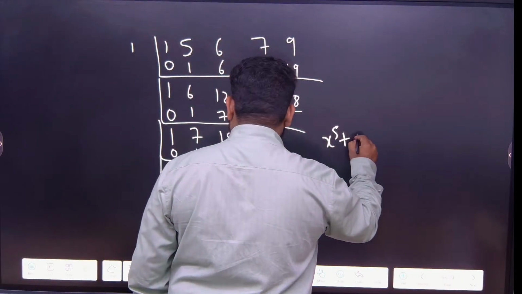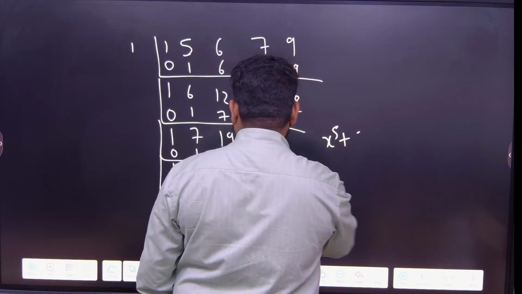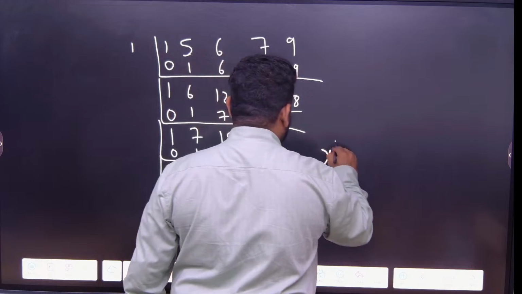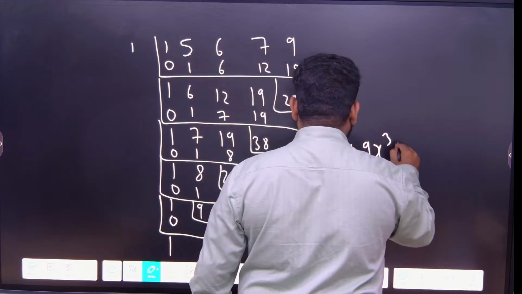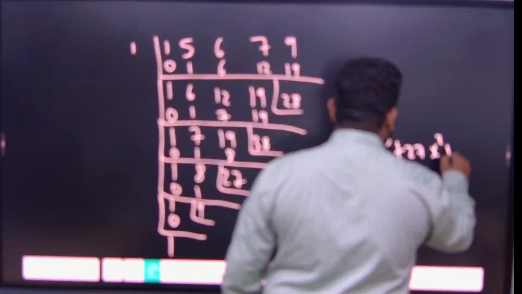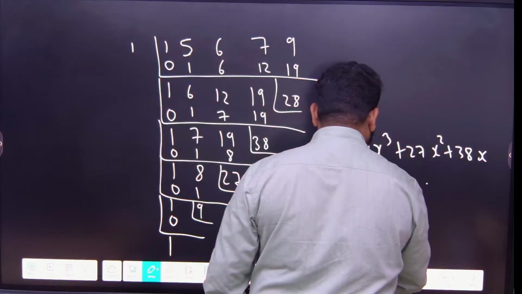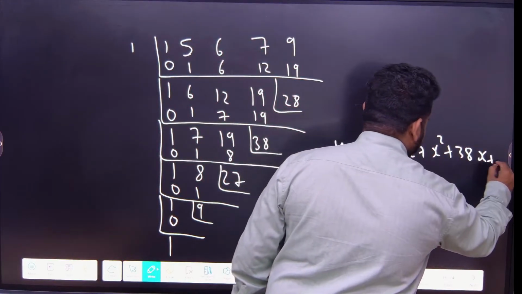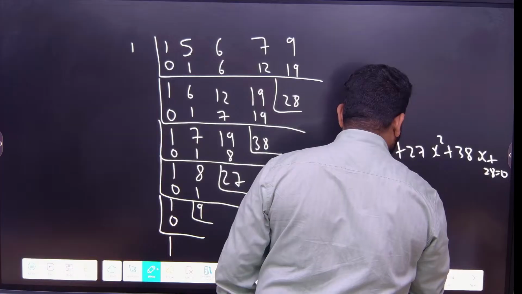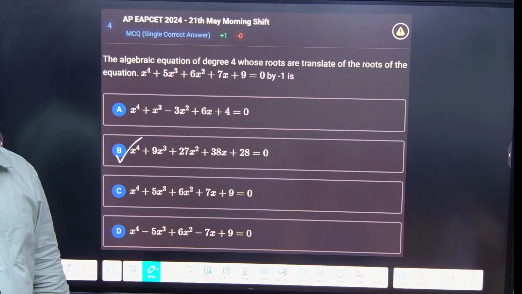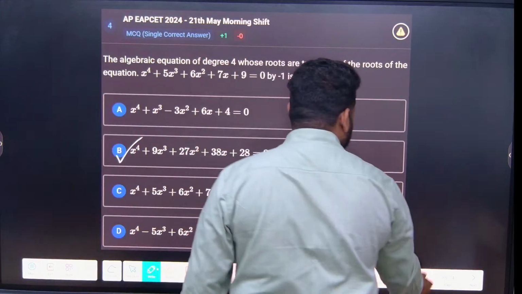I should write x power 5 plus, x power 4 will be there. x power 4 plus 9x cube plus 27x square plus 38x plus 28 is equal to 0. So we have to look at the equation. Understood. This is how you will do the questions on translates.